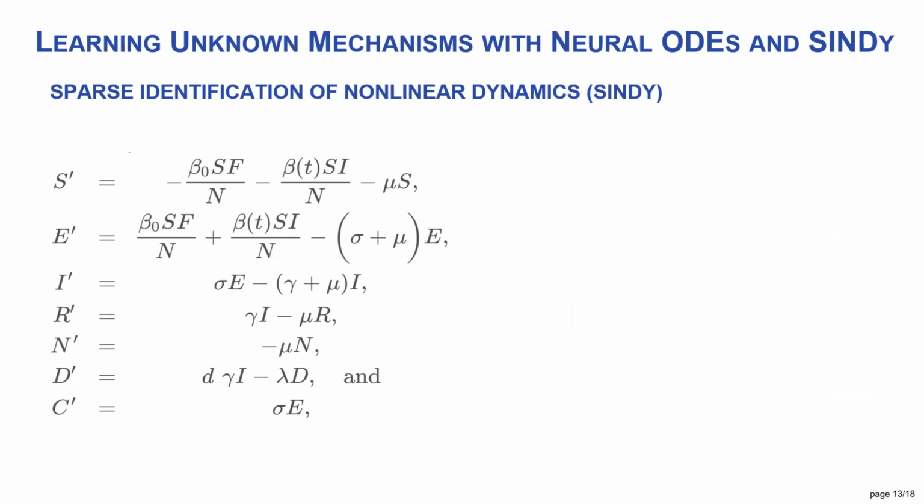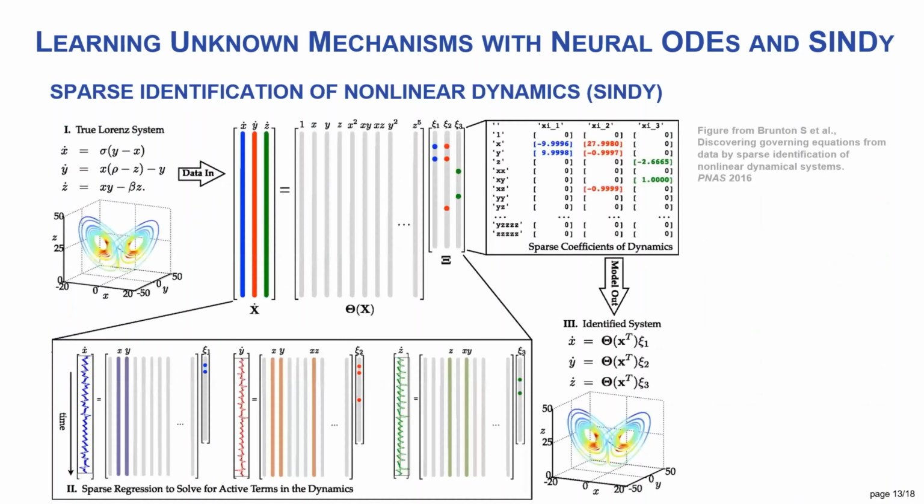So on the next slide, I would like to show a different approach to neural networks, which is sparse identification of nonlinear dynamics. And the way that works is that you have as an input the time derivatives of your system states. So the rows here are different time points of the simulation.